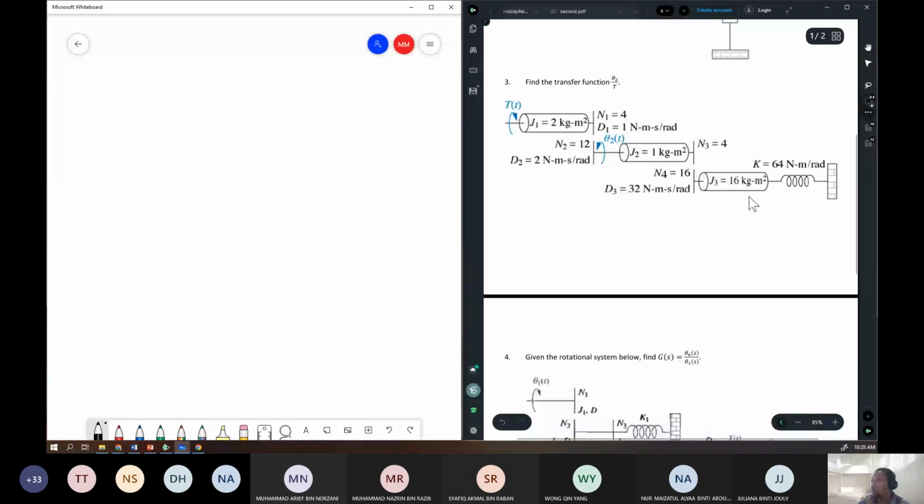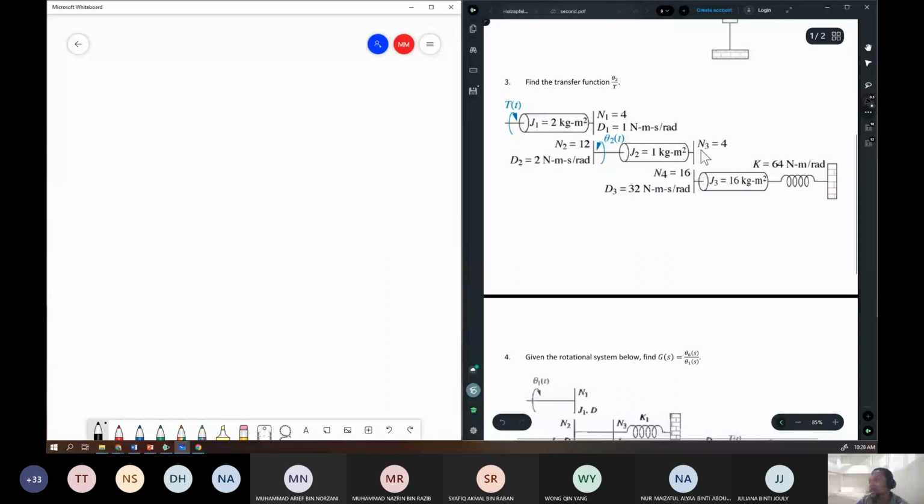So if we hold shaft J1, for example, if we fix shaft J1 so that it cannot move, then gear N1 will not move as well. So when gear N1 is not moving, N2 also will stop moving. So when N2 stops moving, then J2 will stop moving as well.